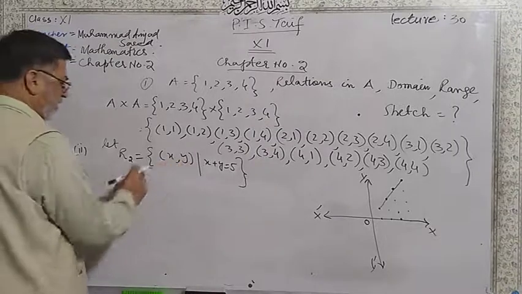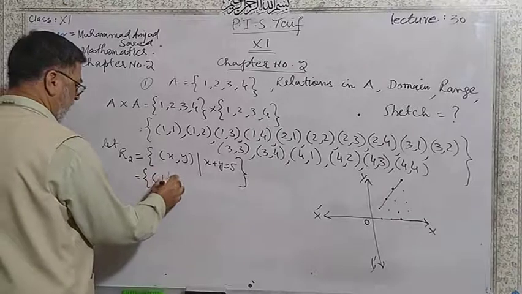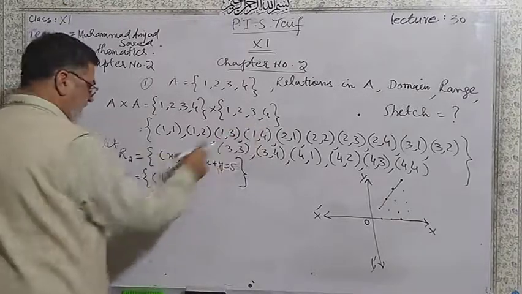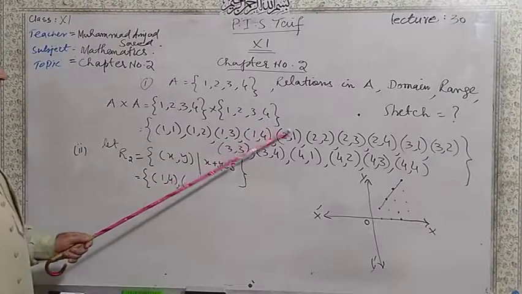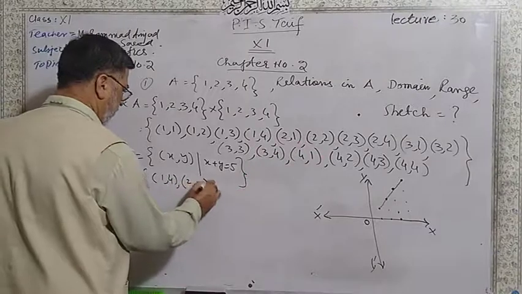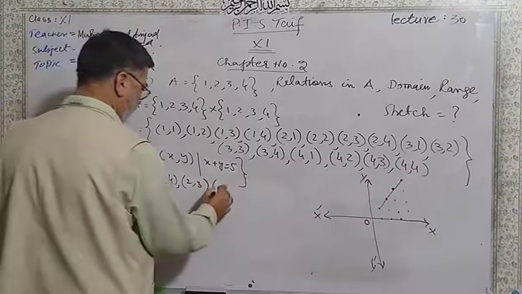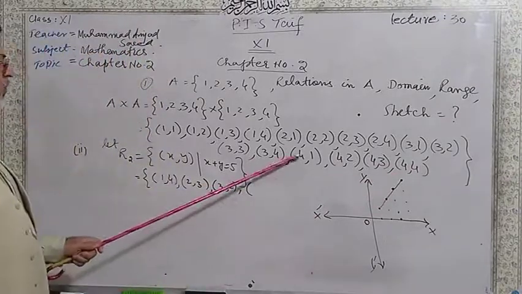So what will be R2? 1, 4, because 1 plus 4 is 5. Here is 2, 3; 2 plus 3 is 5. Then 3, 2. And then 4, 1.